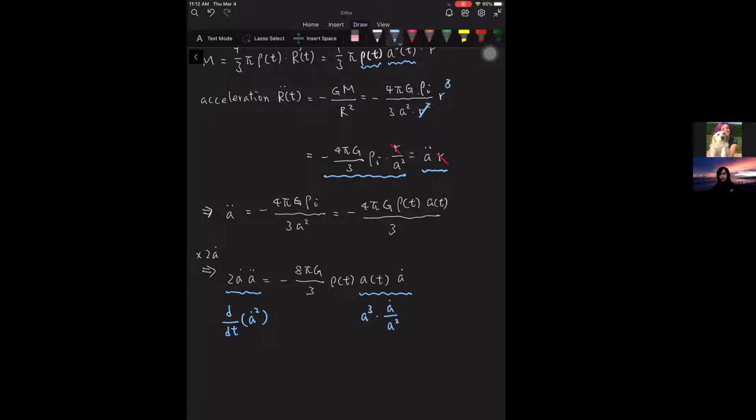We can cancel out the a squared terms, and we're writing it in this form because this term, a dot over a squared, is just minus the time derivative of 1 over a.